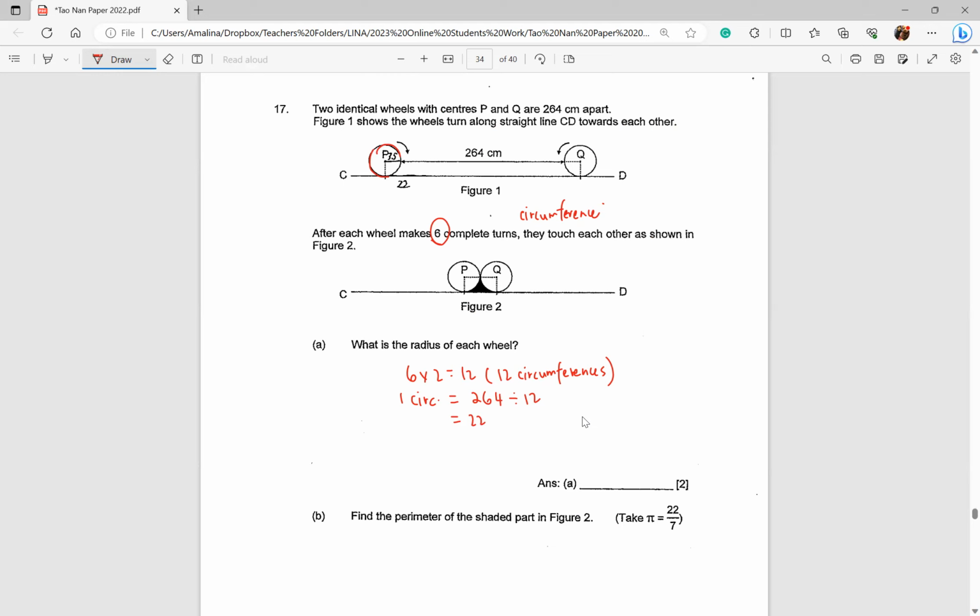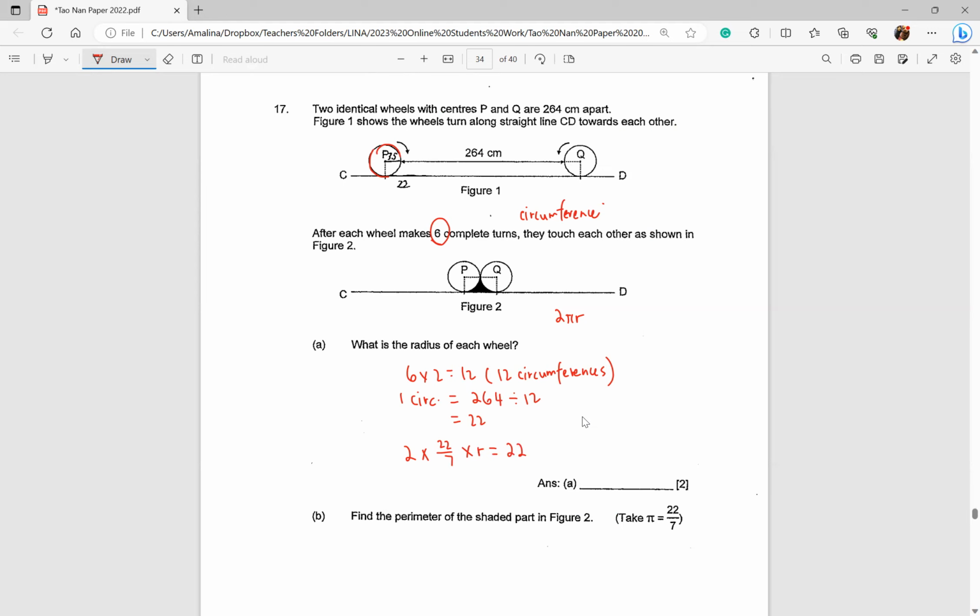Okay, so use back the formula for circumference. So 2 pi r. So 2 pi r means that 2 times your pi. In this case, our pi is 22 over 7. Okay, and then you times by your radius, gives you 22.